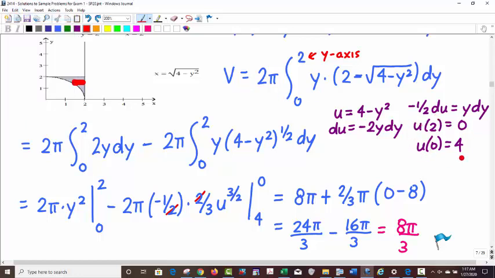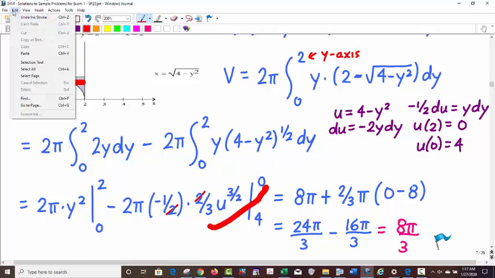U of 2 is 0, u of 0 is 4. So we have minus 2 pi, because the 2 pi, along with the y, distributes to both terms here. So it's 0 to 2 still. Negative 1/2 from the du. And then the u to the 1/2, when you integrate this, will be 2/3 u to the 3/2. And then 0 on top and 0 on bottom.